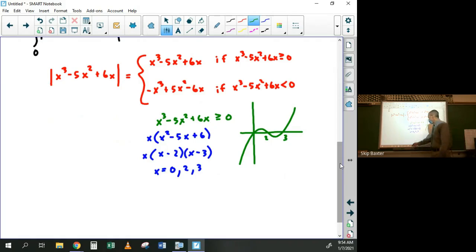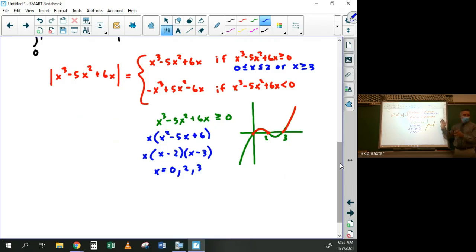So if the question says, when is this graph greater than or equal to 0, that corresponds to above or on the x-axis. It's that piece and that piece, which is really x between 0 and 2, or x greater than or equal to 3.